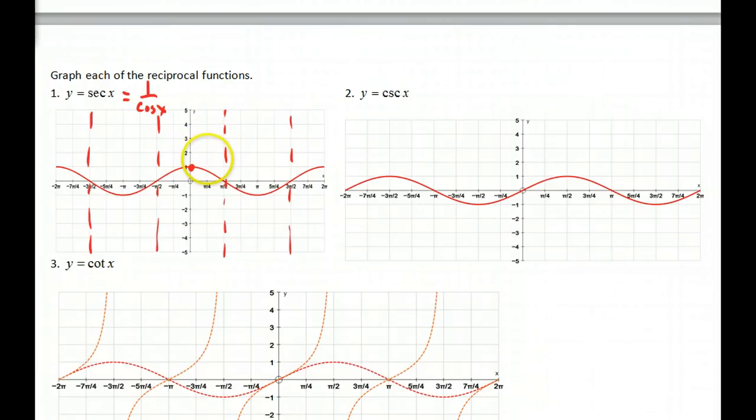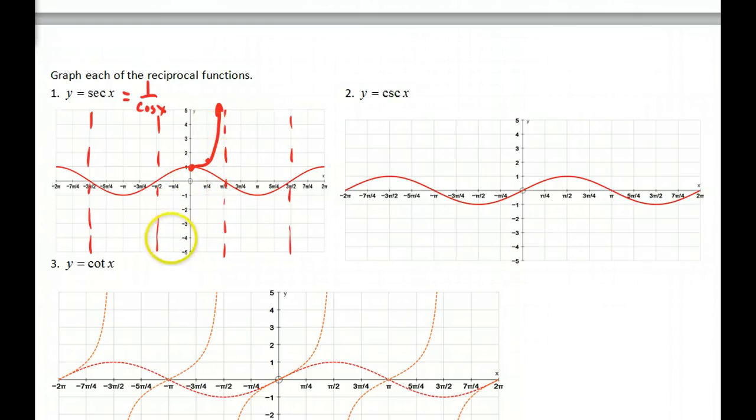And so when I do that, that would be a little bit more than 1. So I'm going to get a point here. Now, as I go closer and closer to this asymptote, these values are getting smaller and smaller and smaller. Well, what happens when you take the reciprocal of smaller and smaller and smaller? You're going to get bigger and bigger and bigger. So then that's what that piece is going to look like.